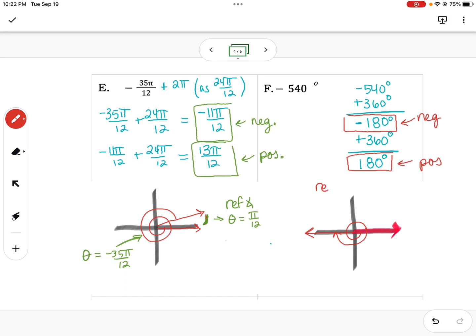So, and this is going to sound a little weird, reference angle is 0. It's kind of weird. I know, it doesn't happen too often. It's just landing on the axis, so it does whatever 180 does. So this is the graph of negative 540 degrees.